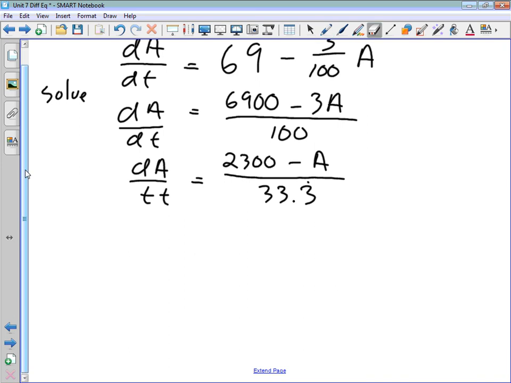And the whole point of doing this is to get these two fractions, a single numerator on one side, a single denominator on the other side. So now this is a separable differential equation. We can take this whole thing here, this 2300 minus A, and move it over to the left-hand side.